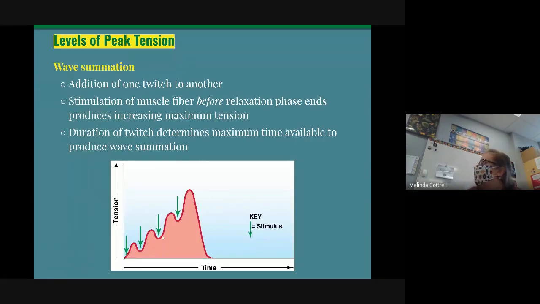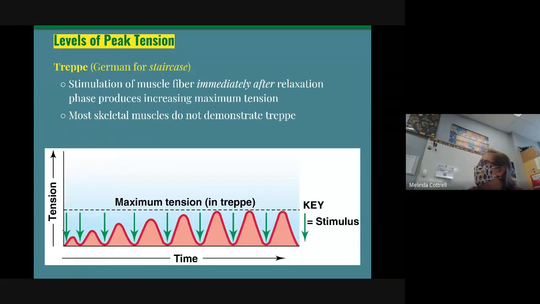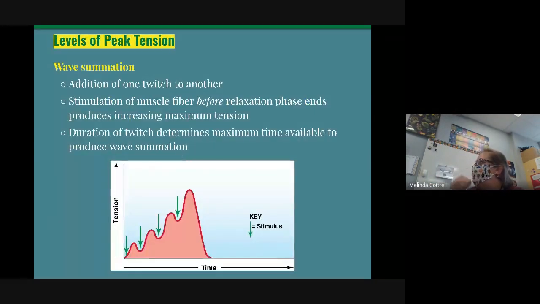If you look at the difference between wave summation and treppe, in treppe you can see a full relaxation and contraction, up and down to the waves. But with wave summation, you don't see that full relaxation. Before it hits the bottom of the relaxation phase, another stimulus hits, and so you have contraction again. So the stimulus comes before relaxation ends.